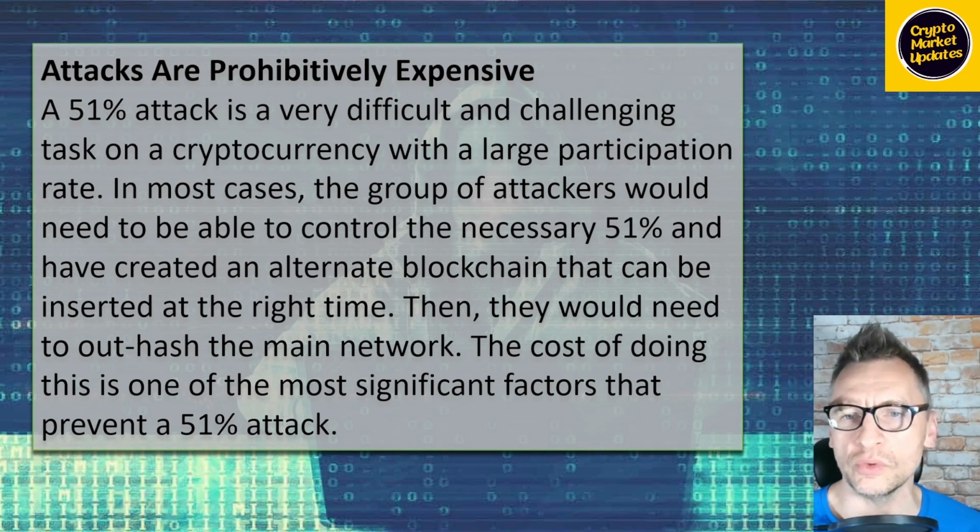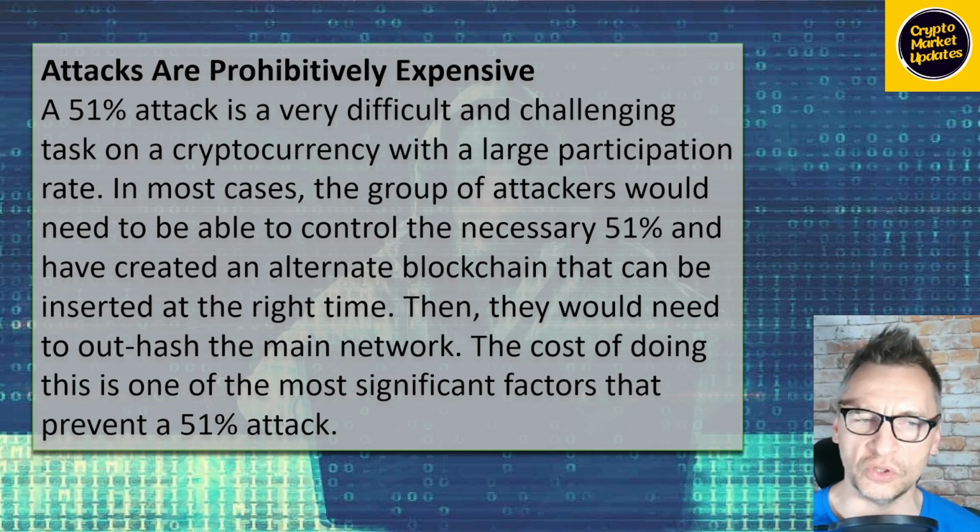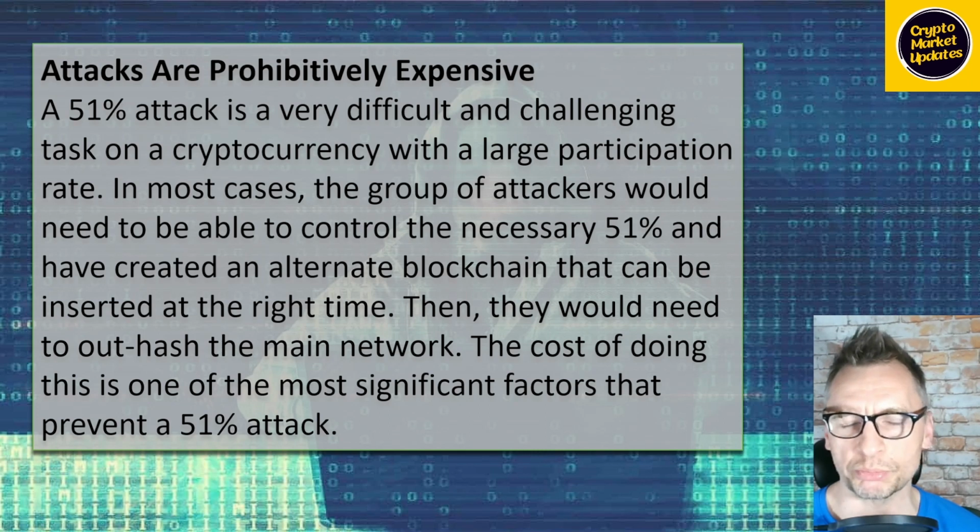Basically, you would have to force a fork at a certain time in the blockchain. Then they would need to outhash the main network. The cost of doing this is one of the most significant factors that prevent a 51% attack, because it takes money, a lot of money, to provide the hashing power to a blockchain.